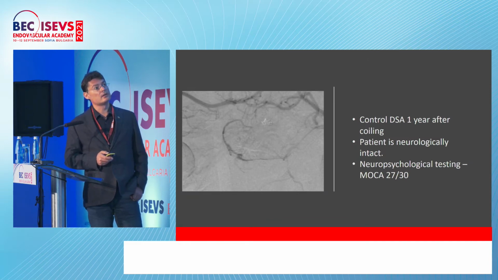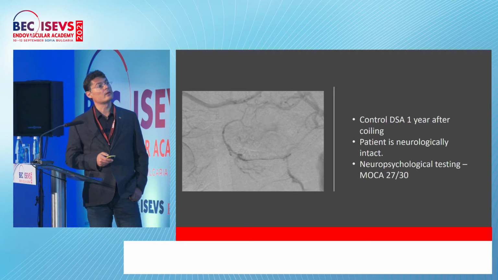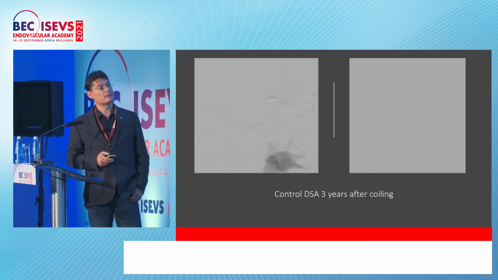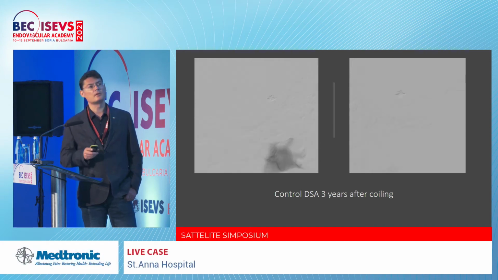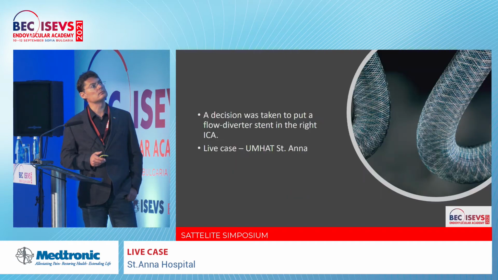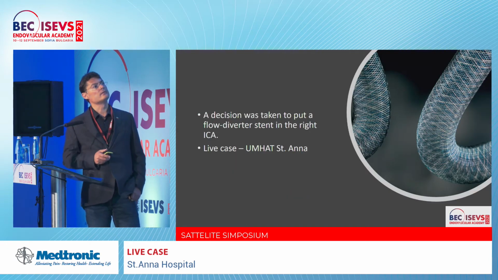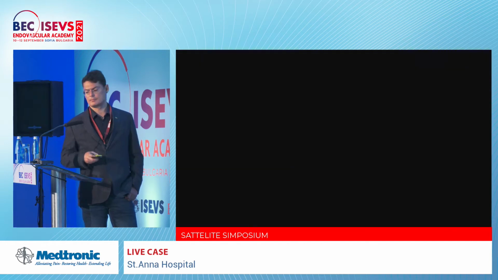This is the control result 1 year after coiling. But on the 3rd year, we have recanalization. We took a decision to put a flow diverter in the right internal carotid artery, and Dr. Alioski is next.